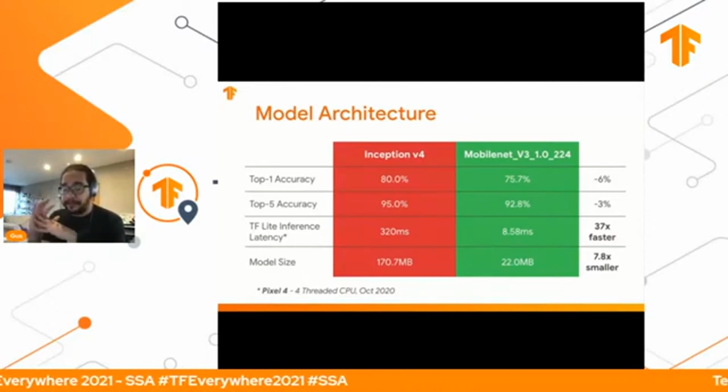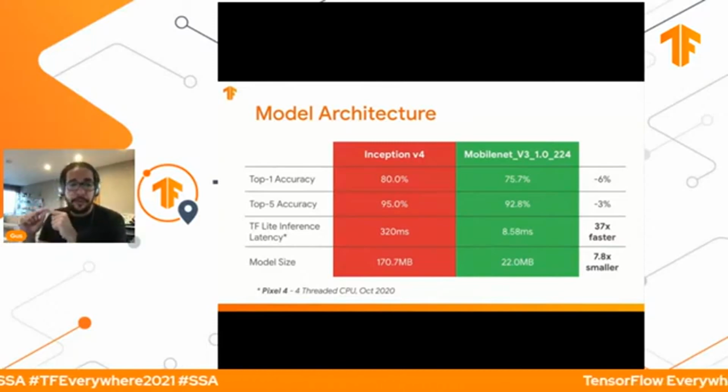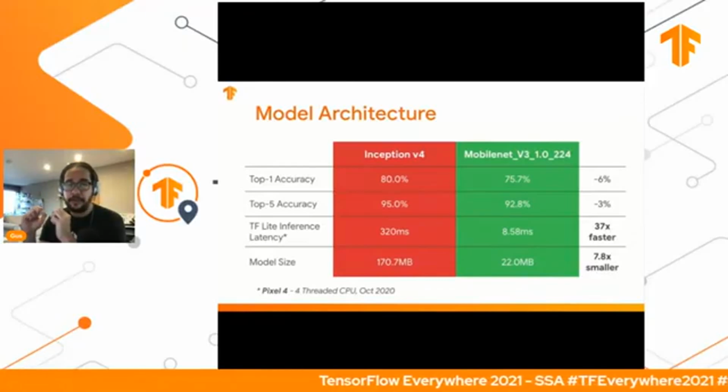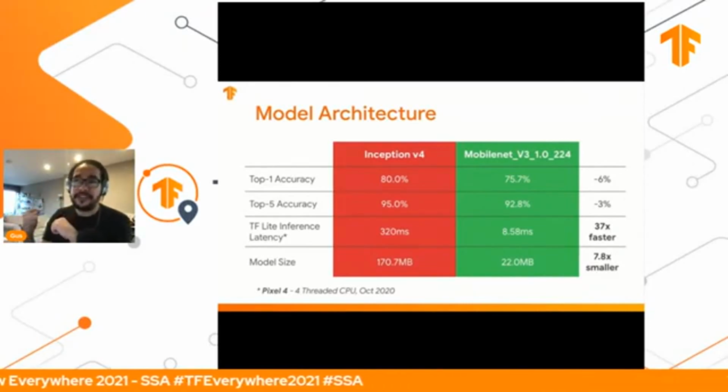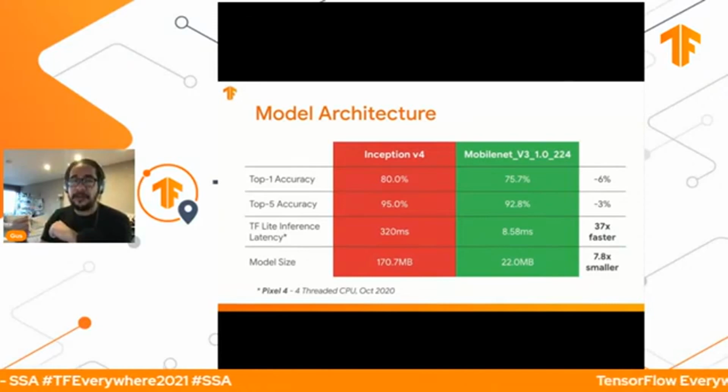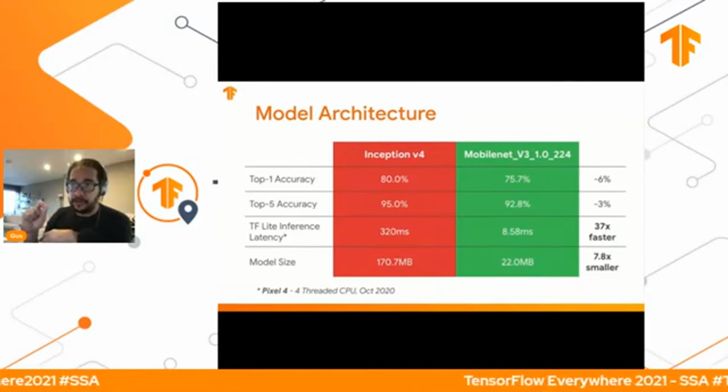And here we start to see some amazing things. First of all, the top one accuracy for Inception V4 is 80%, and for MobileNet V3, 75%. So you're talking here about almost 6% difference. So your mobile model is 6% worse than the top model on servers.